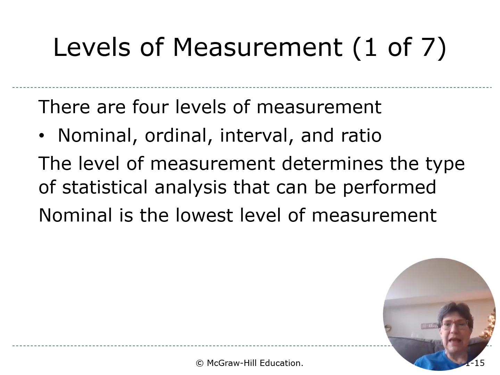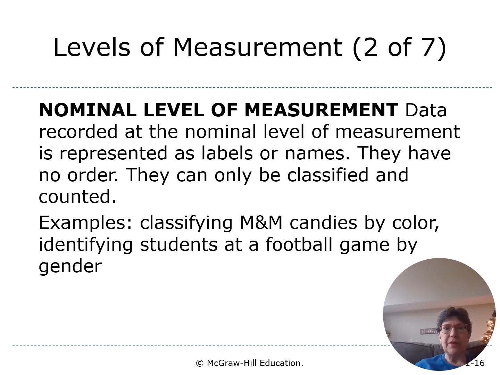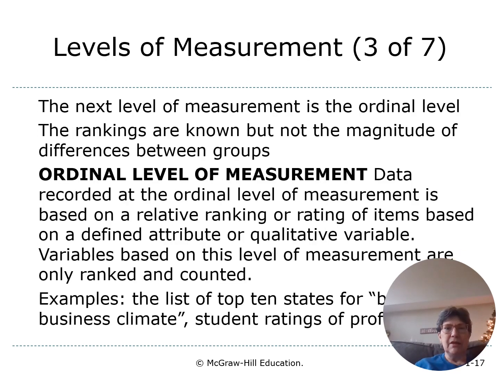So it is simply naming or numbering things, but it doesn't give a value. It's simply categorizing something, like you categorize different types of animals: cats, dogs, fish. There's not really numbers to it. It's just a category.